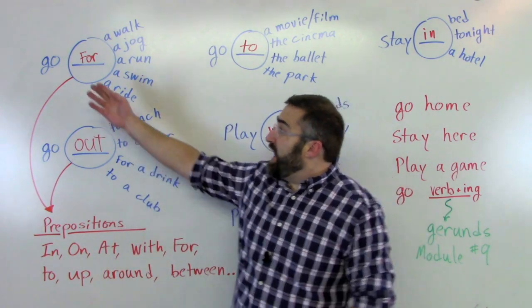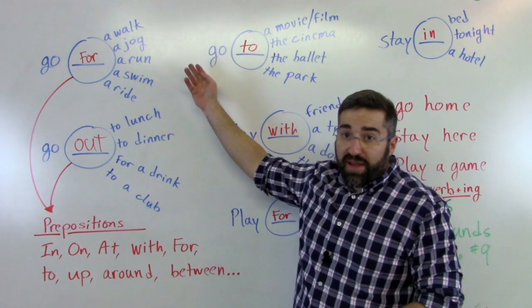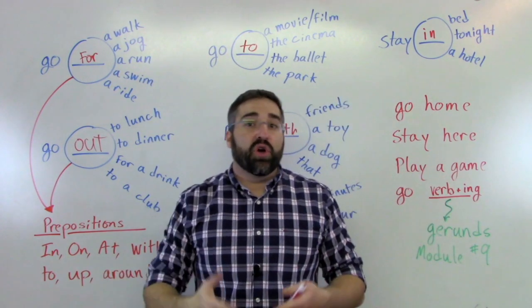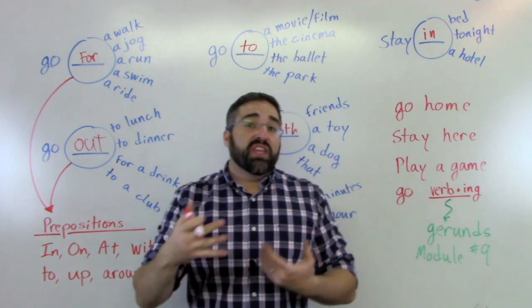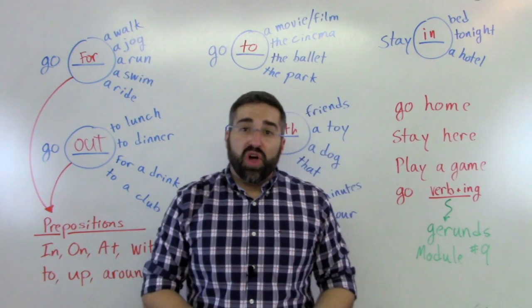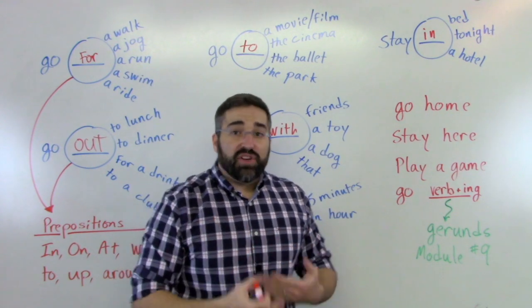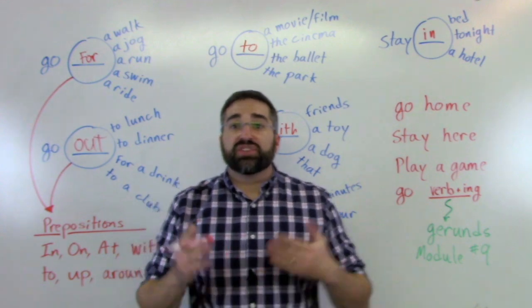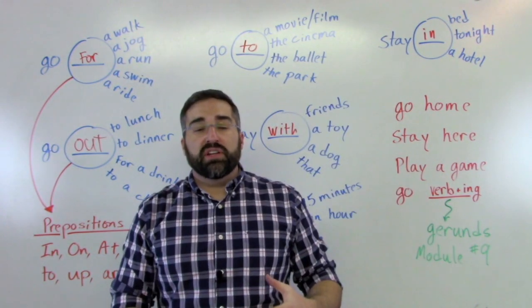So we might say go swimming, go jogging, go dancing, go bowling. So these are also options that you need to think about with the word go, which we often use with some sort of gerund, some verb with ing. So just think about that when you're constructing your sentences.